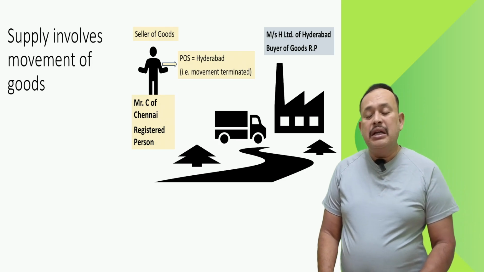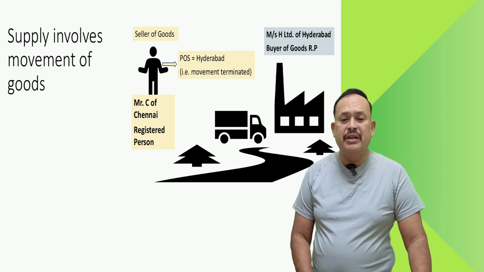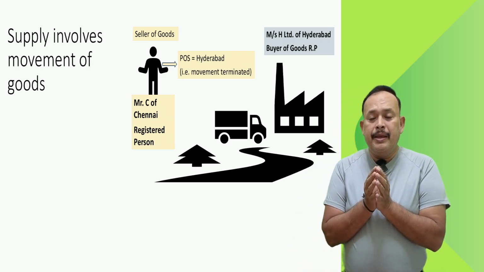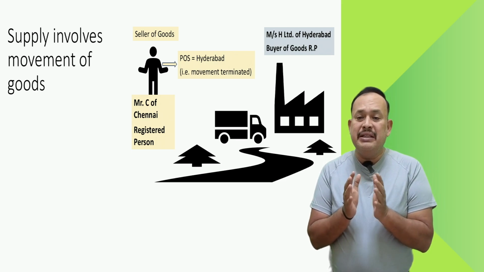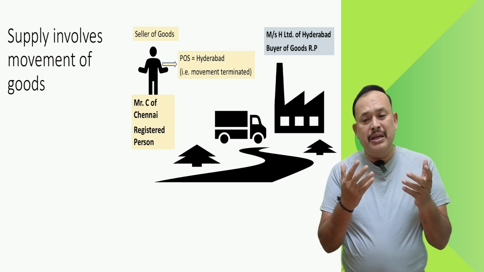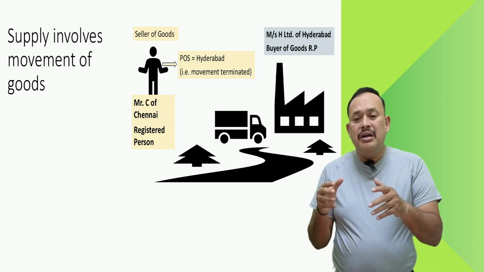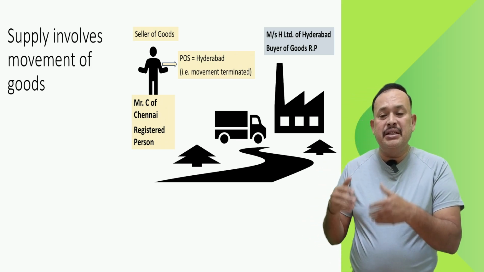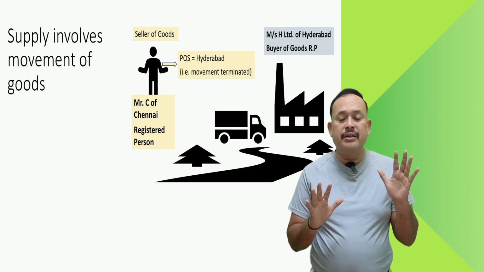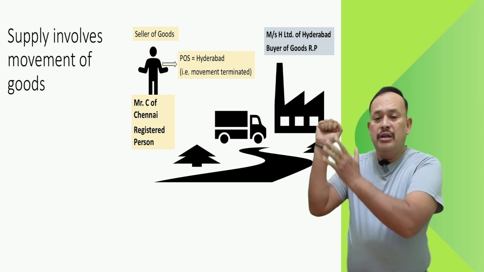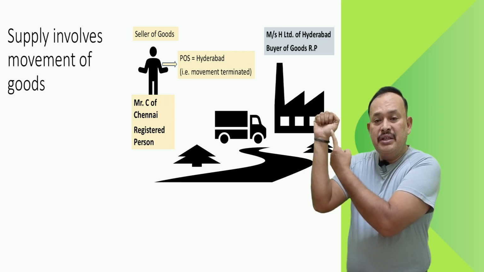Now, sir, from whose angle should we refer to the place of supply, whether supplier liable to pay GST under forward charge or recipient liable to pay GST under reverse charge? Always we will take here the location of supplier.